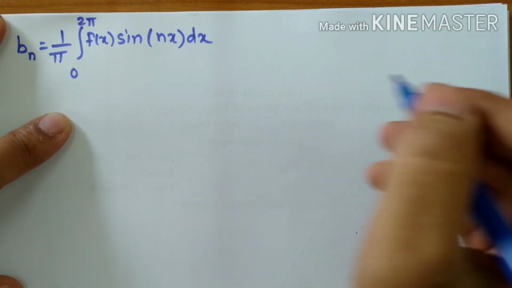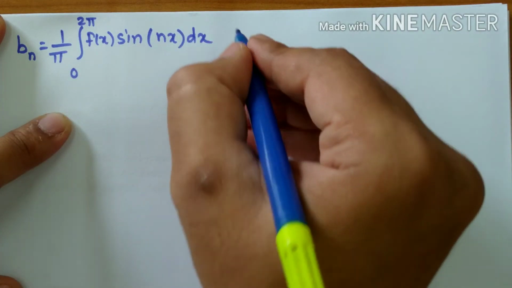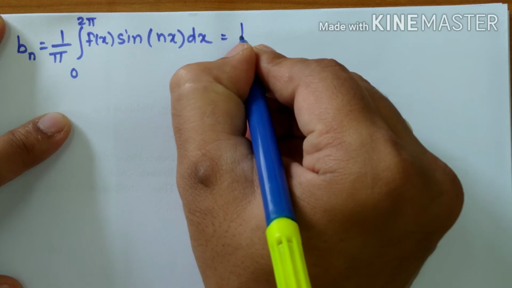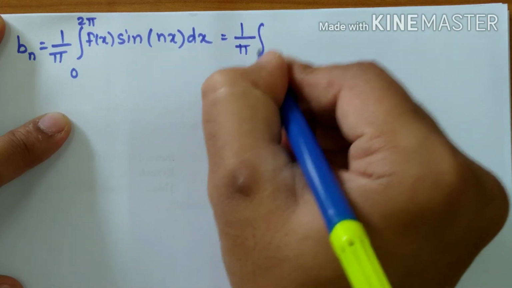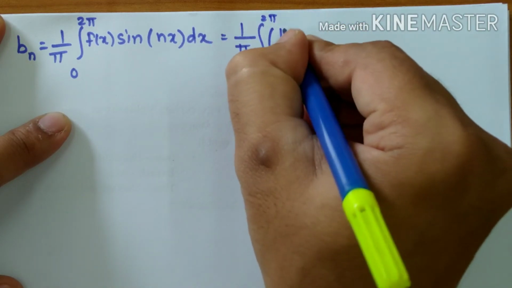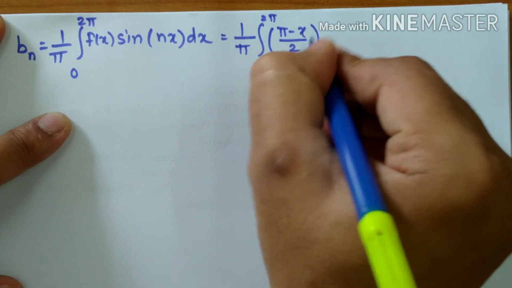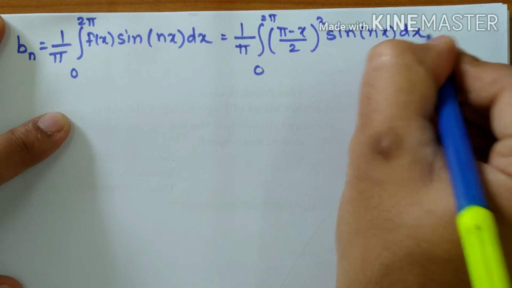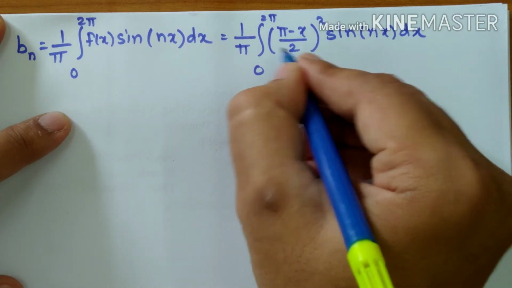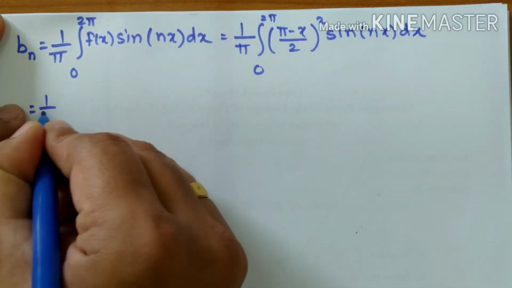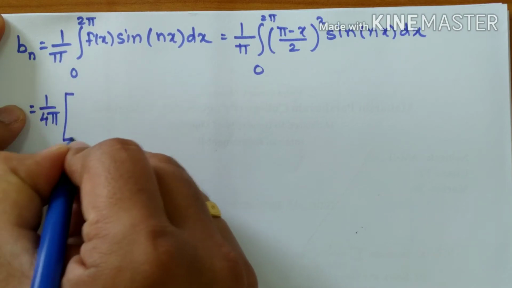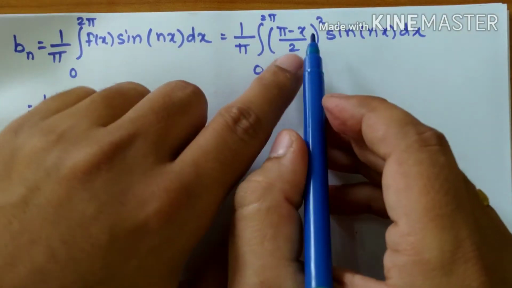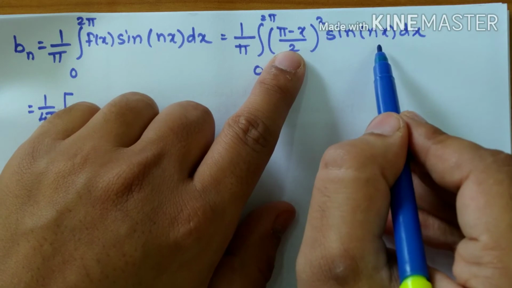Now substitute the value of f of x here. What is the value of f of x? It is (pi minus x upon 2) whole square into sine nx dx. Again the same, one can take 1 by 4 outside of the integral sign, so we have 1 upon 4 pi. Whatever remains is (pi minus x) whole square into sine nx.